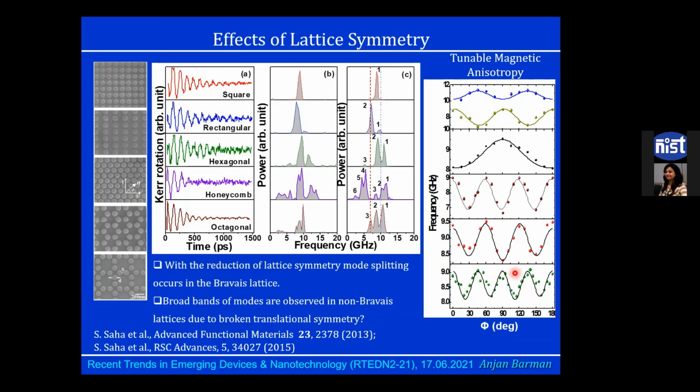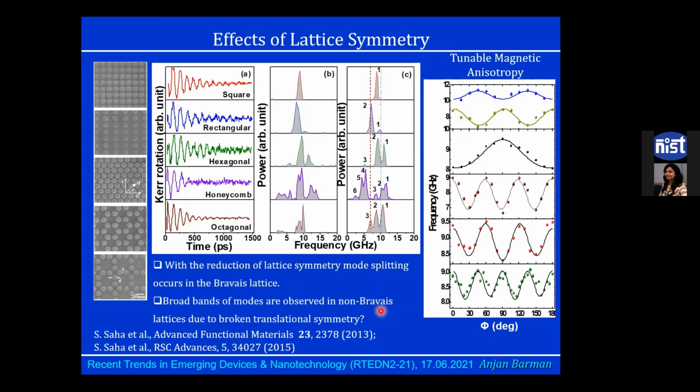You know that 8-fold symmetry is generally not possible in a normal crystal; this higher order rotational symmetry is possible only in a quasi-crystal. So this octagonal lattice is behaving like a quasi-crystal. We're not fully utilizing its behavior here, but in other work we had done that.